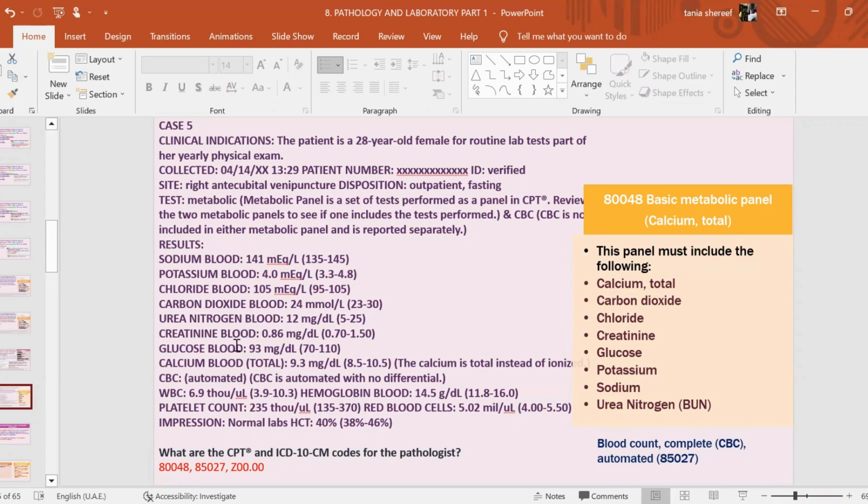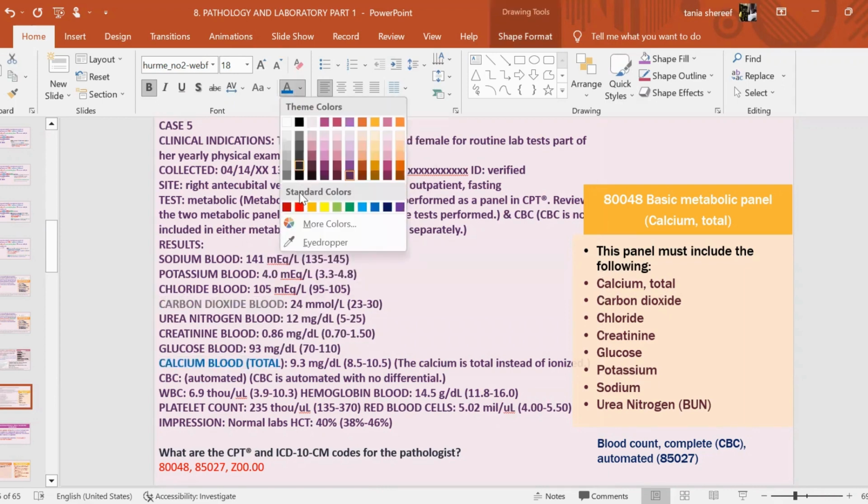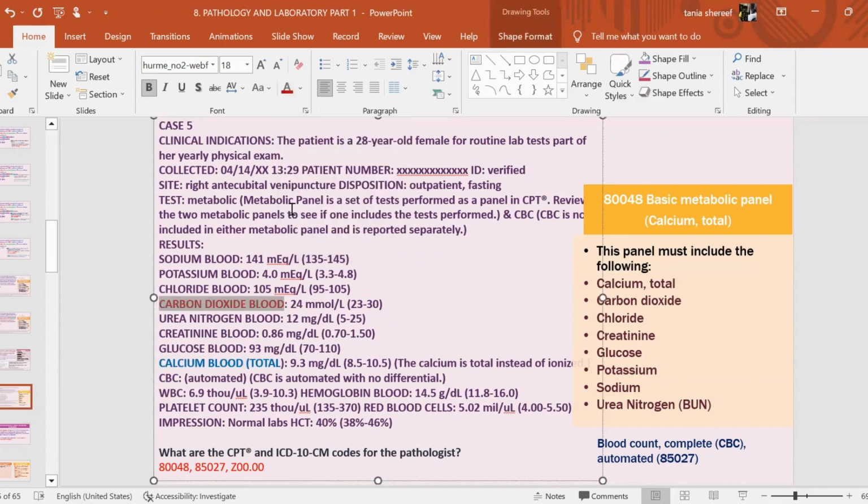So, for calcium total, this is the calcium. So, here if we check the panel, 80048, calcium total. So, this is the calcium total. Next, carbon dioxide. Yes, carbon dioxide is here. Next, chloride. Yes, chloride. Creatinine.